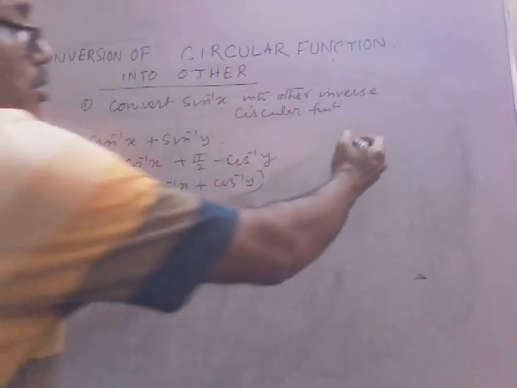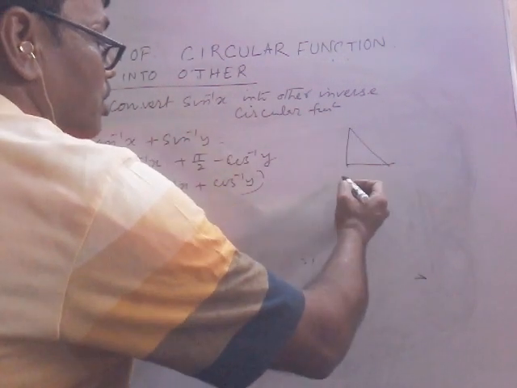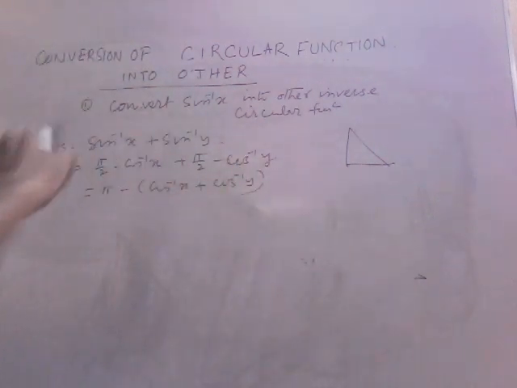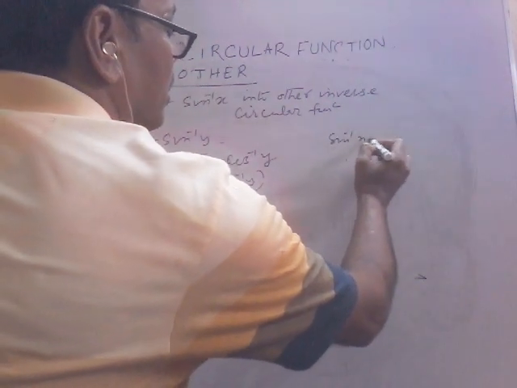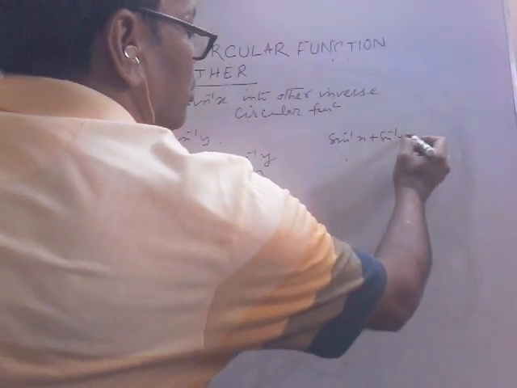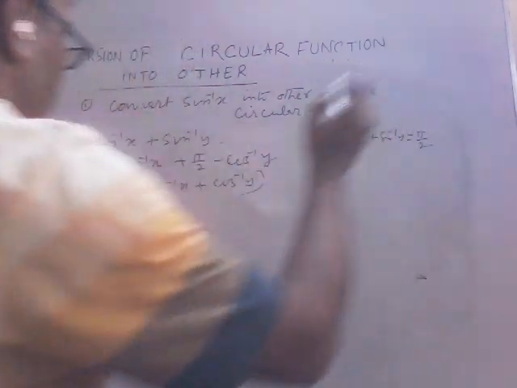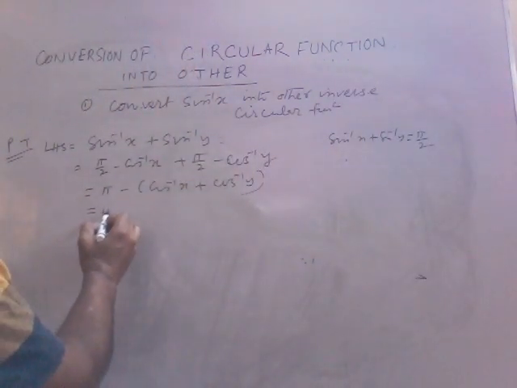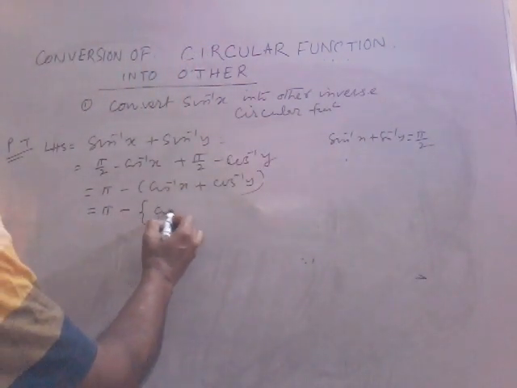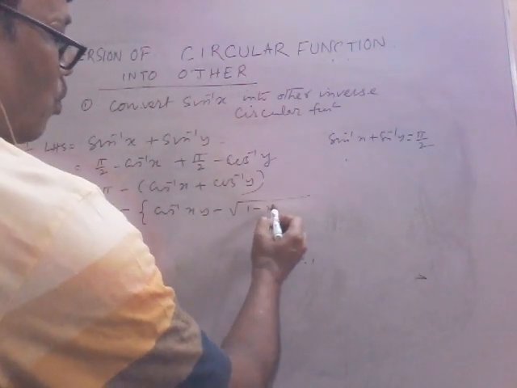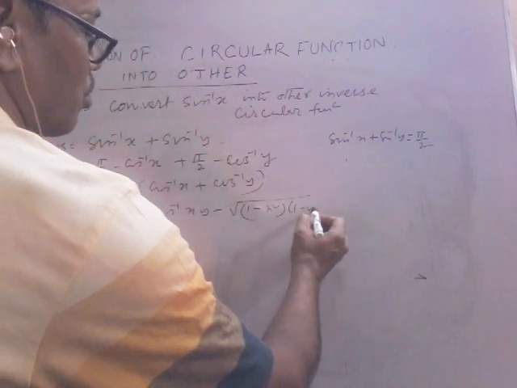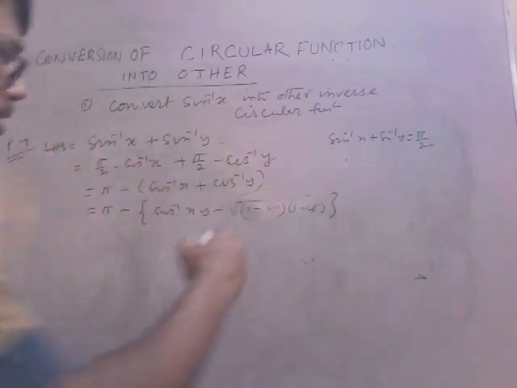Look, if you use the triangle law, then cos inverse is a root over this. It will be complicated. So that is why we are using the relevant result: sin inverse x plus sin inverse y equals pi by 2 minus cos inverse x minus cos inverse y. Now use the formula: this is cos inverse of (xy minus √(1 − x²) √(1 − y²)).